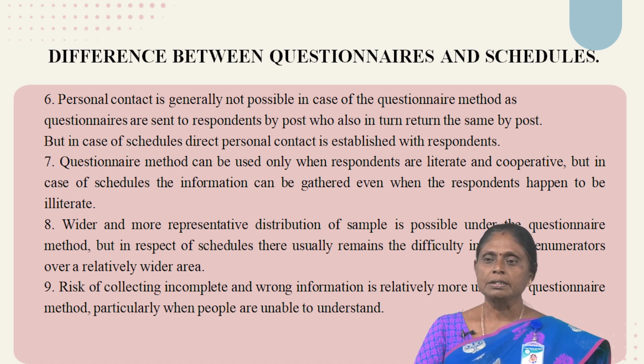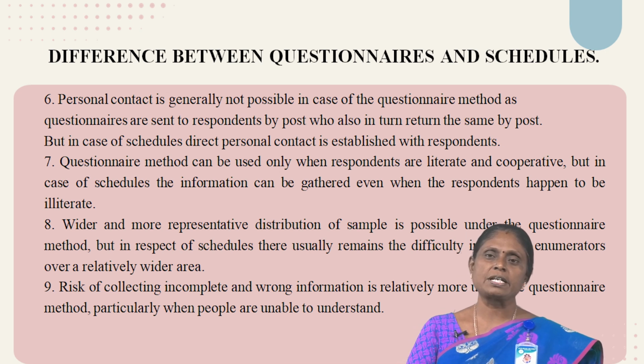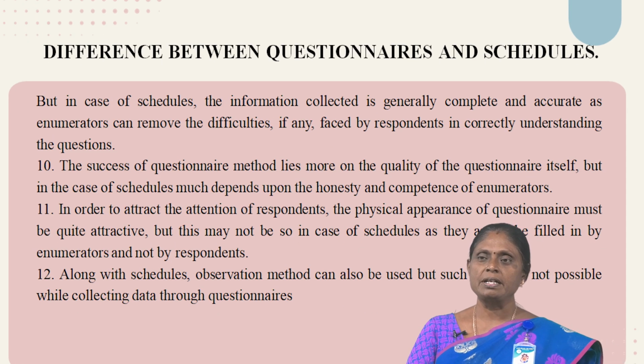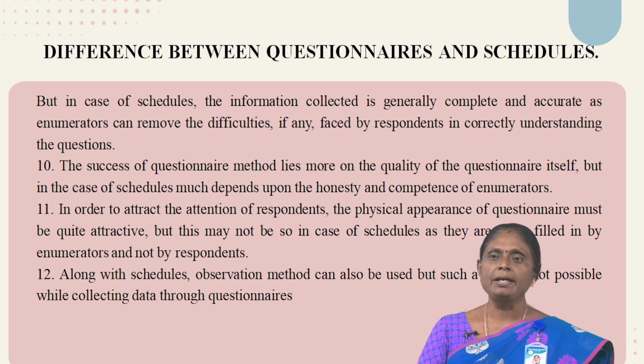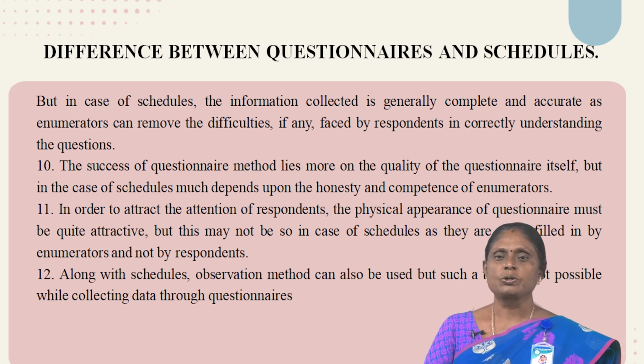In case of questionnaire, the risk of collecting incomplete and wrong information is relatively more, particularly when people are unable to understand. But in case of schedules, the information collected is generally complete and accurate, as enumerators can remove the difficulties, if any, faced by respondents in correctly understanding the questionnaires.